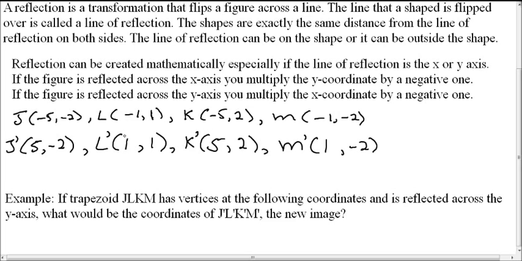Notice the x coordinate changed. K prime is (5, 2). Notice the -5 changed to 5 on K. And then of course M prime is (1, -2), and the x coordinate changed from -1 to 1.